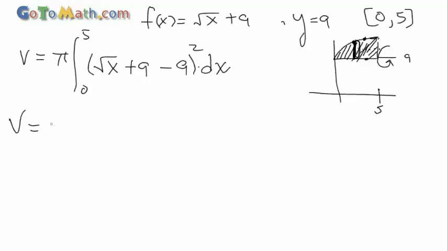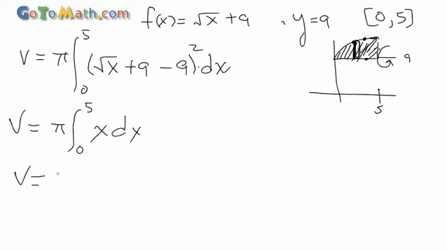Volume is equal to pi integral from 0 to 5. So those 9s cancel out. And if they cancel out, then we're squaring a square root, so that's even nicer. That's just left with dx. When you square a square root, the root goes away and you're left with x. Well, how convenient is that?